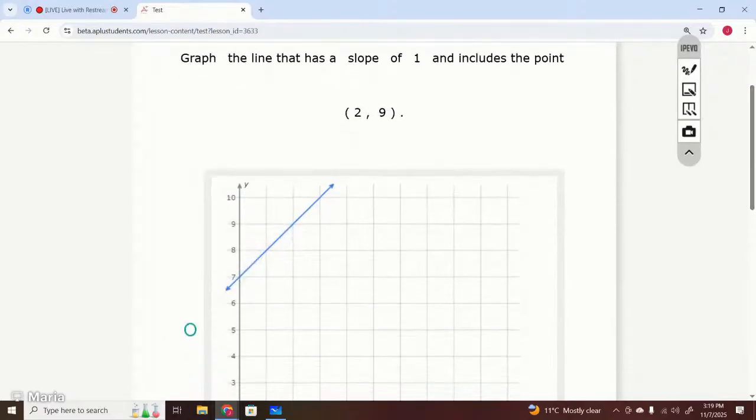Graph the line that has a slope of 1 and includes the point 2, 9.